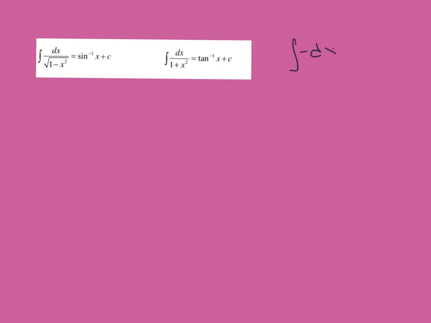If you get something like this, technically that is the same thing as inverse cosine, but rather than trying to evaluate it as inverse cosine, just pull the negative out front, and you will get an answer of negative arcsine or negative inverse sine. So just remember these two things.